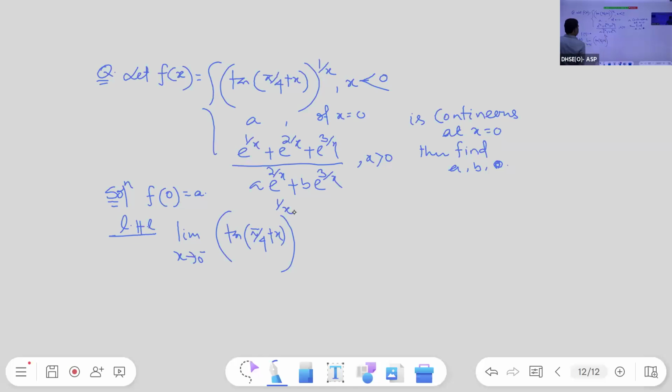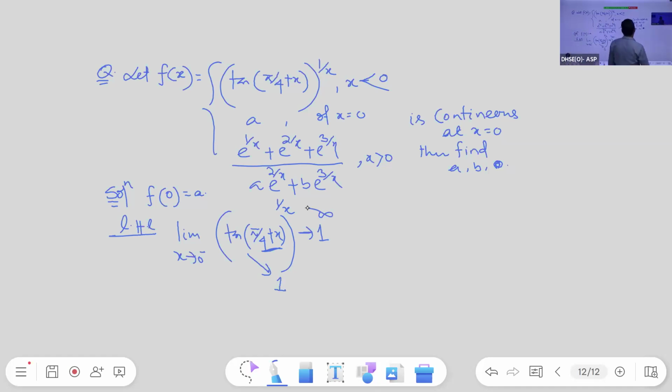When x is approaching 0 minus, pi by 4 plus x approaches pi by 4 from the left hand side, so tan approaches 1. So the base function approaches 1. When x approaches 0 minus, the power function approaches minus infinity. So the indeterminate form of this limit is 1 raised to the power infinity.